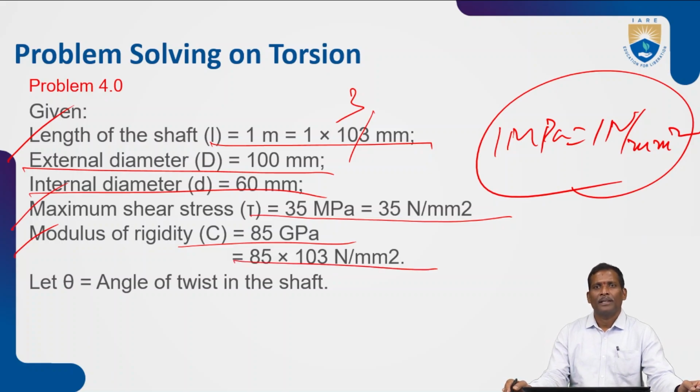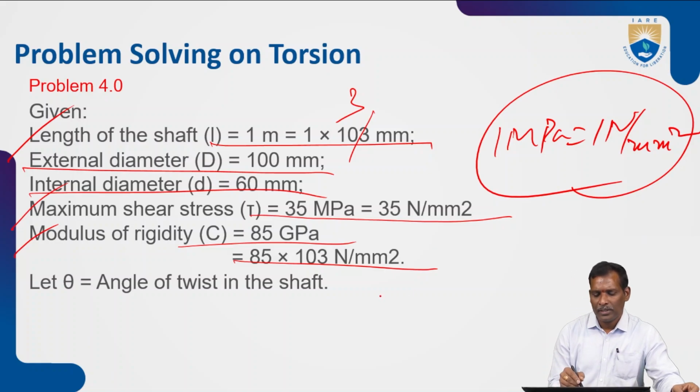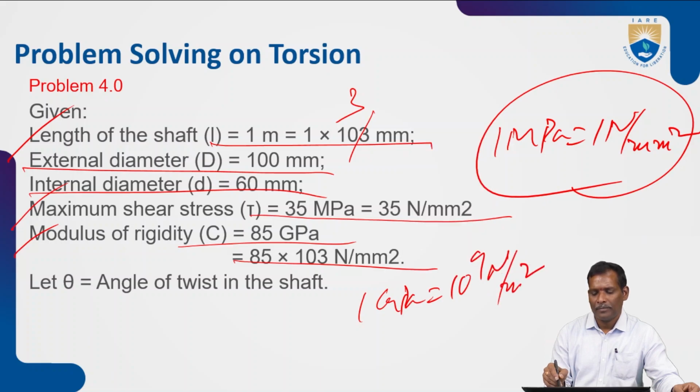You will get 85 into 10 cubed. So 1 gigapascal is equal to 10 to the power of 9 Newton per meter square.